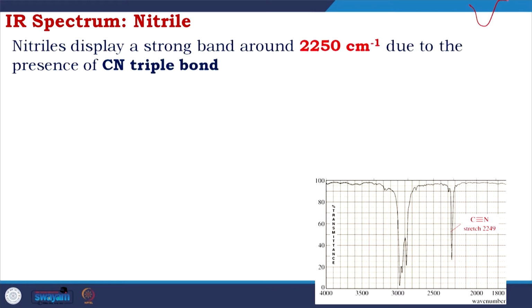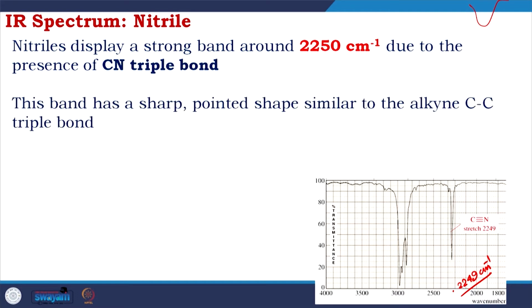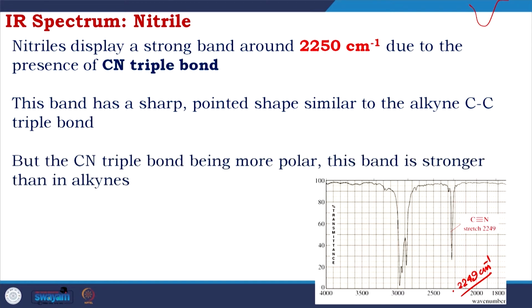Nitriles display a strong band around 2250 centimeter inverse due to the presence of the CN triple bond. So, here it is around 2249 centimeter inverse. This band has a sharp pointed shape similar to the alkyne C triple bond C actually, but the C N triple bond being more polar, this band is stronger than the alkynes.